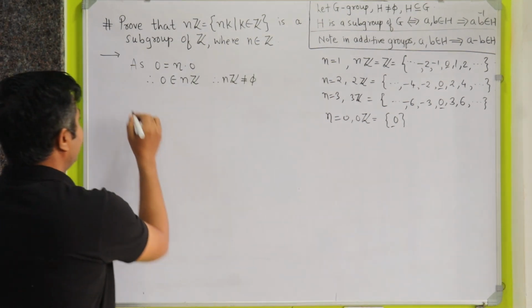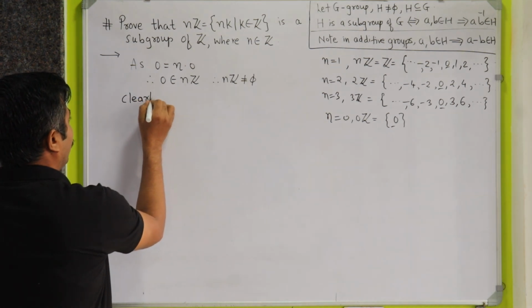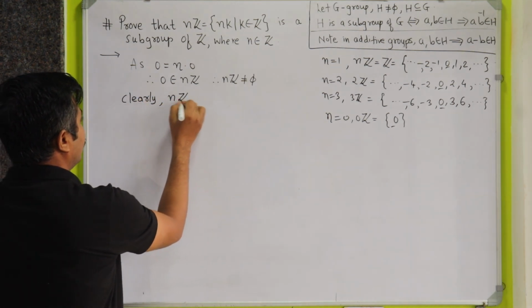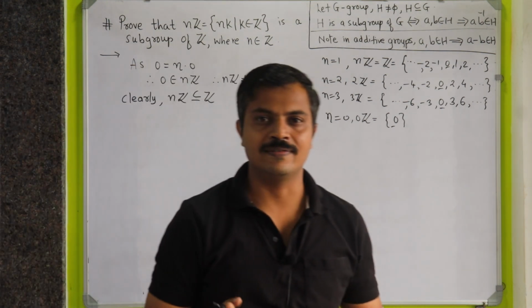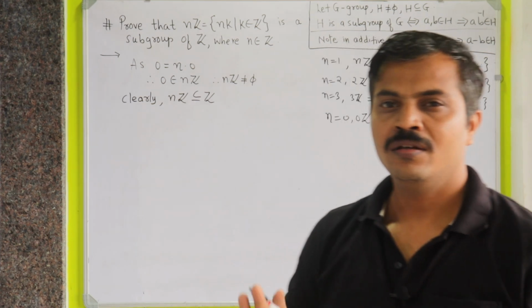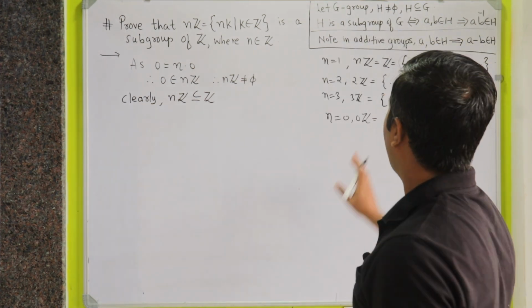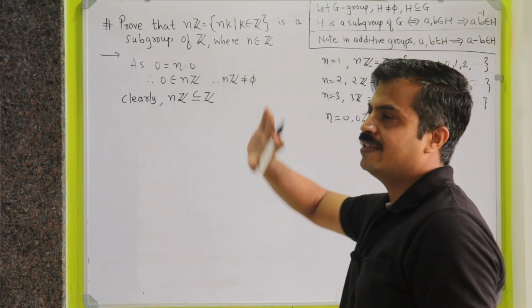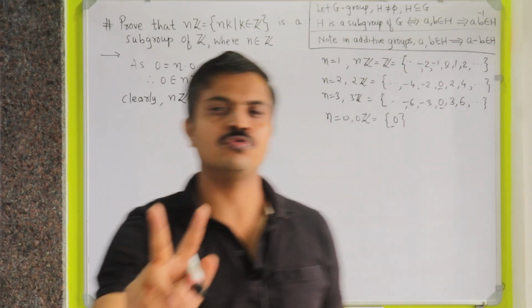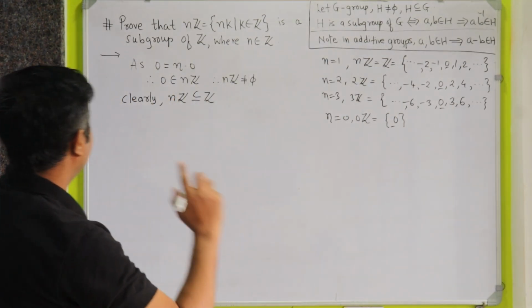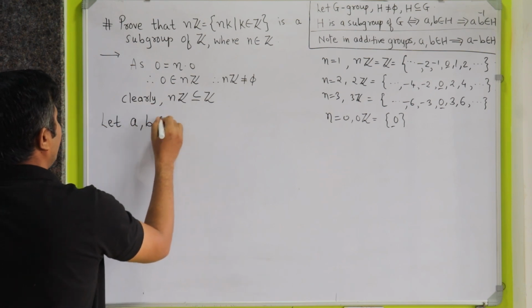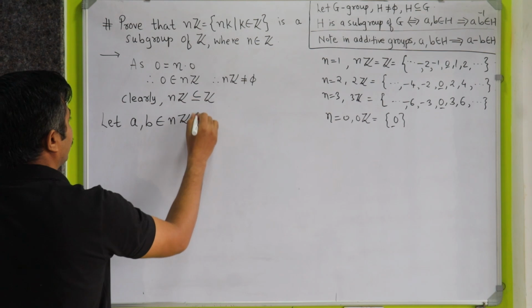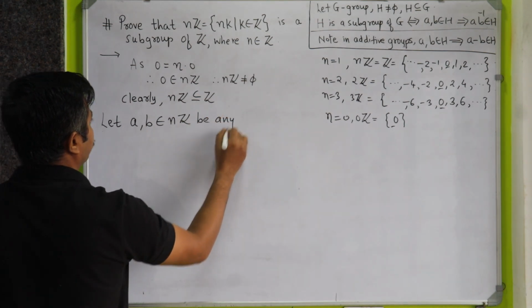So I will say clearly, this nZ is actually a subset of Z. Now we will move towards proving our main condition. So we will start with any two elements of nZ. I will call them a, b. So I will say let a, b belong to nZ be any elements.